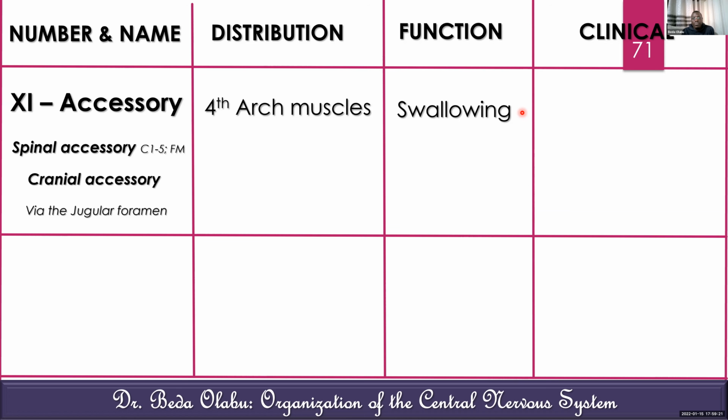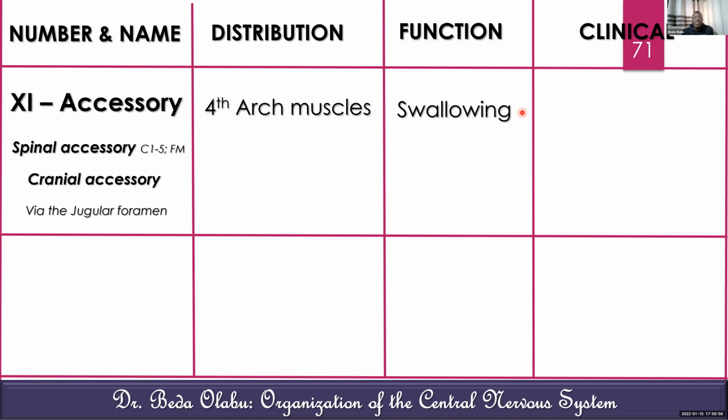When the accessory nerve goes through the jugular foramen together with the vagus nerve and the glossopharyngeal nerve, the conventional anatomy describes that the cranial accessory root joins the vagus nerve, and the spinal accessory root is the one that comes out that we see. So this cranial accessory root that joined the vagus nerve now becomes part of the vagus nerve.